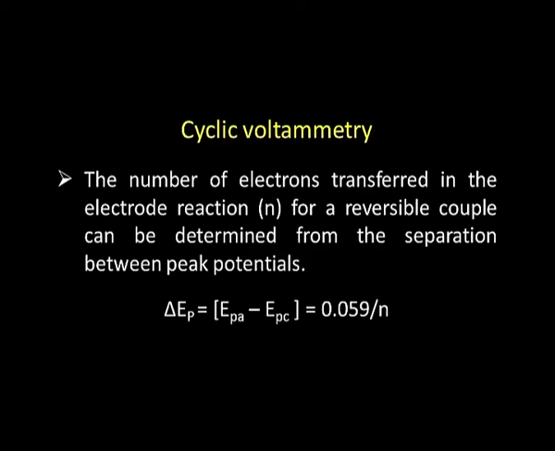Here, this value of delta Ep is equal to 0.059 divided by n volts, or 59 millivolt divided by n. Larger differences or non-symmetric reduction and oxidation peaks are an indication of a non-reversible reaction.